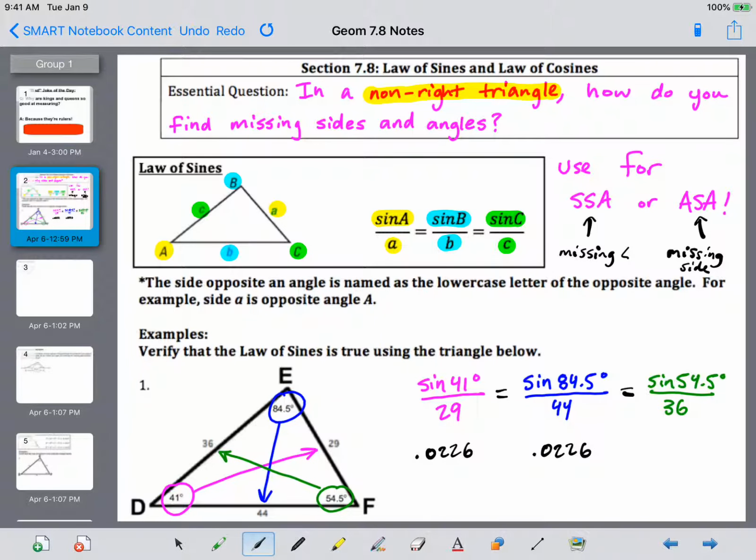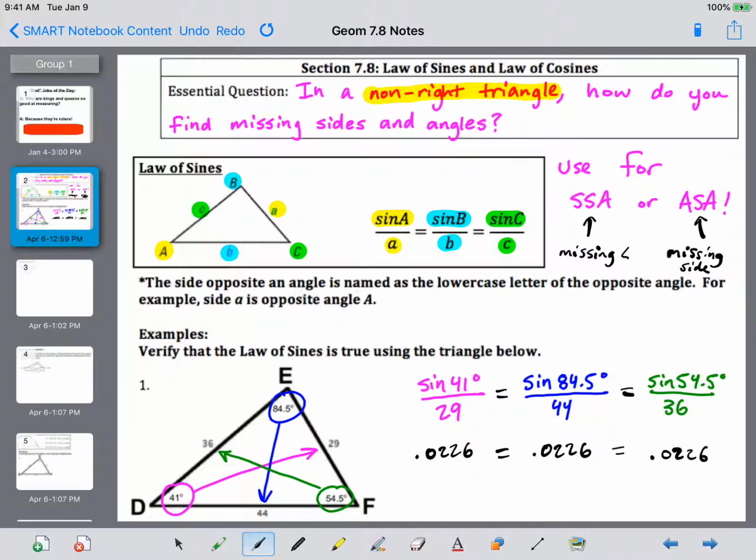If you do the sine of 54.5 divided by 36, hey, guess what? You get 0.0226. So it does work. If you don't believe me, pause the video, plug those in. I'm guessing you're going to get 0.0226 for all three of them. Okay, so that's how you can use that, just a little bit of practice with setting it up.